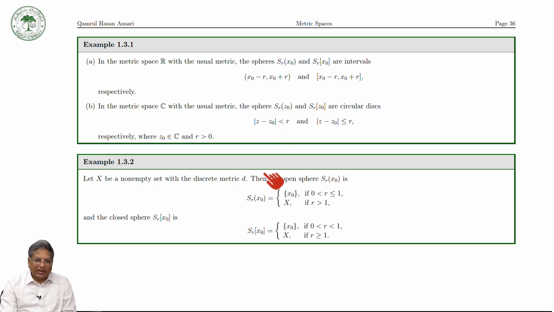Now, again in the metric space, the discrete metric always has some importance, especially in the examples.